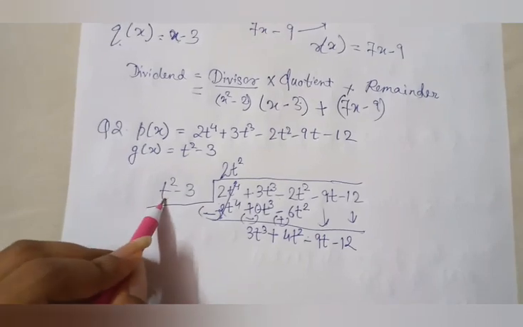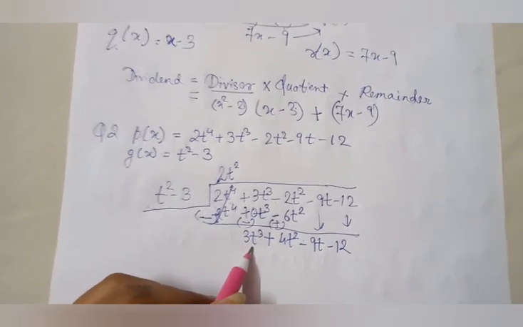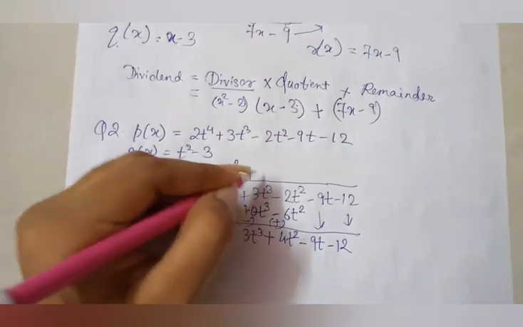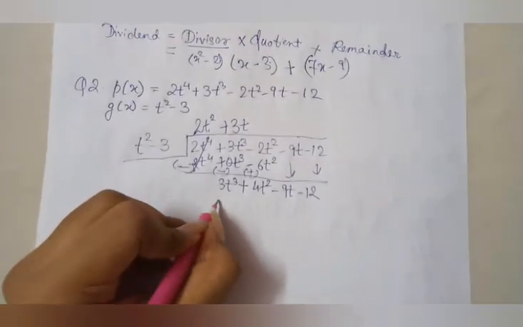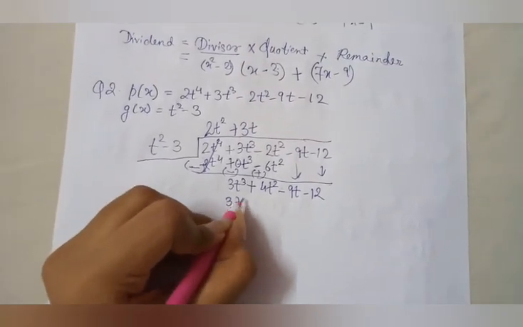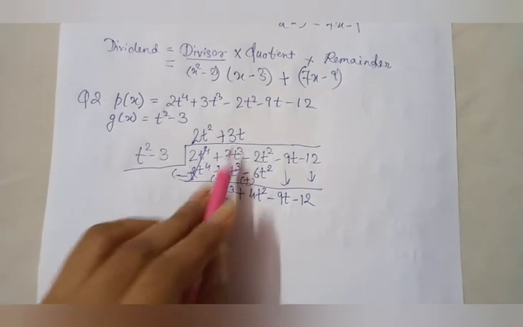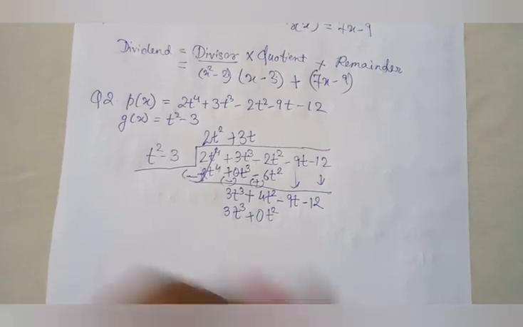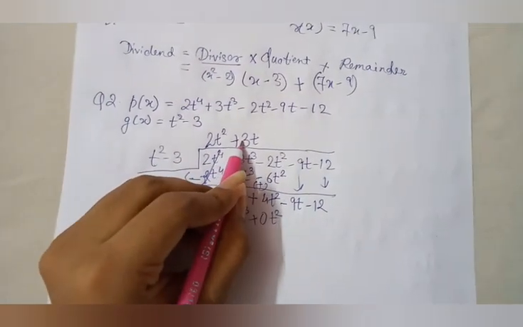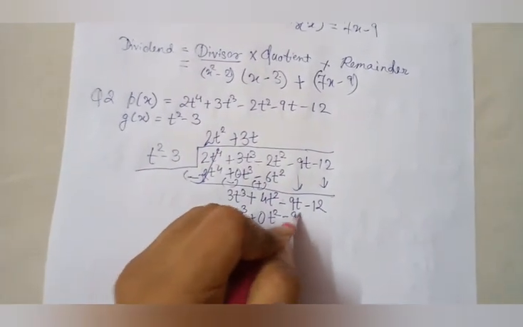Now we'll go ahead. T square. What do we need? 3t cube. So we'll multiply by 3t, as 3t into t square is 3t cube. Now the t square term is missing, so we'll write 0t square, and then minus 3 into 3t is minus 9t.